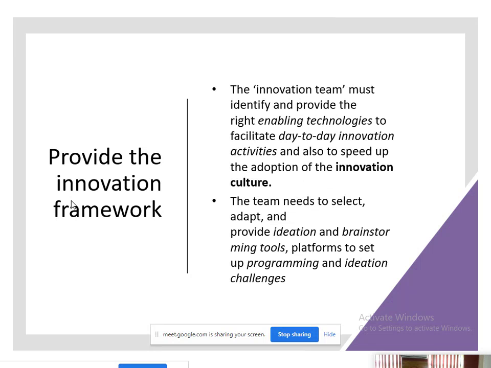The next one is providing the innovation framework. That means the innovation team must identify and provide the right enabling technologies to facilitate day-to-day innovation activities and also to speed up the adoption of the innovation culture.